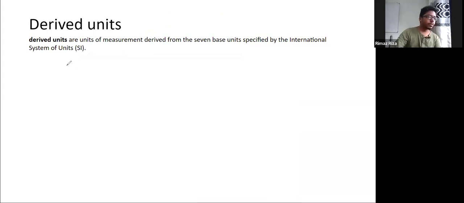First you have to write the physical quantity. Okay, and then you can write derivation.